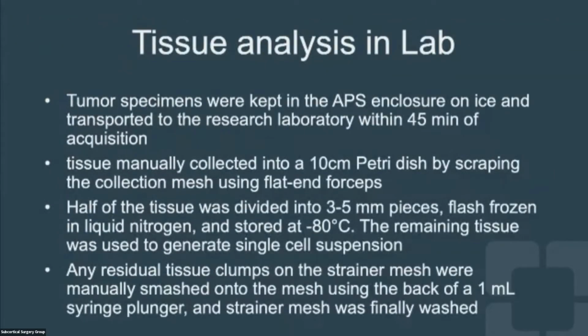Then the tissue is sent to the lab within 45 minutes, and there was always 1 person ready for this, and they would do whatever needed to be done, flash frozen or a single suspension. So from the time that we collect the tissue to the time that it is processed in the lab, it was something around 45 minutes.